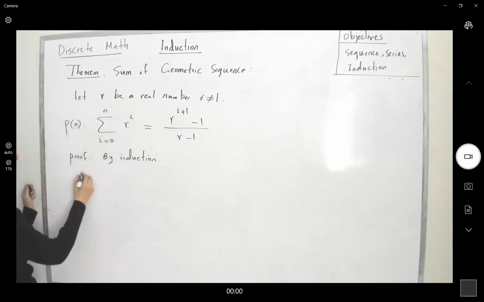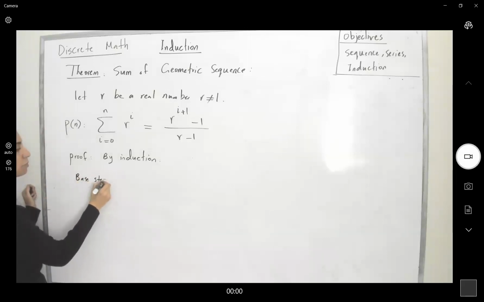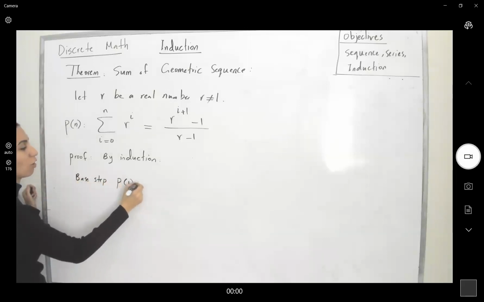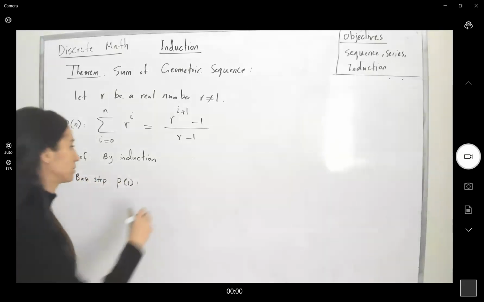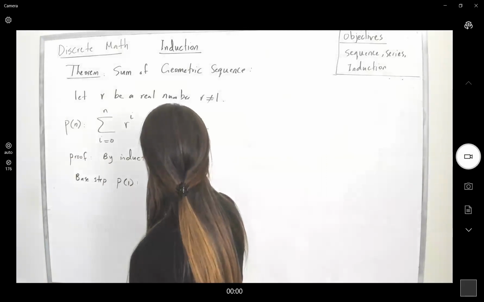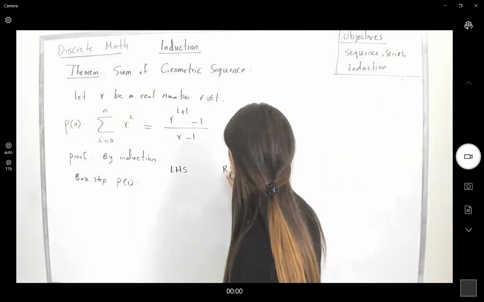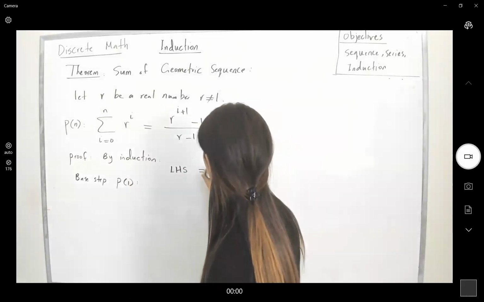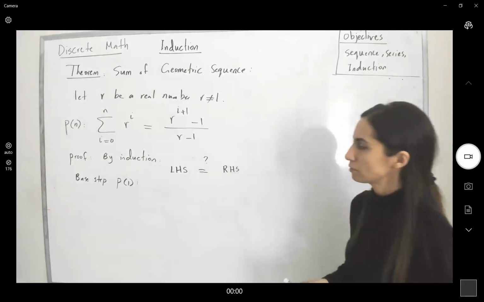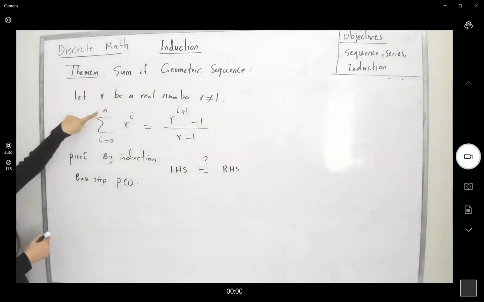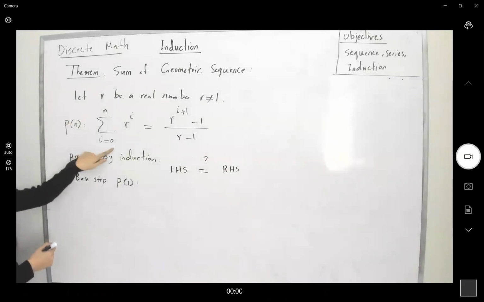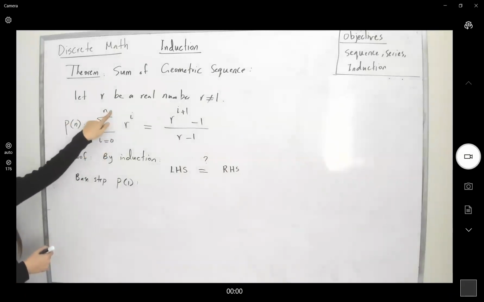So here you have the base step for P(1). It means that n is equal to 1. Left-hand side, right-hand side. Are they equal to each other? If n is equal to 1, i starts from 0 and stops at 1.